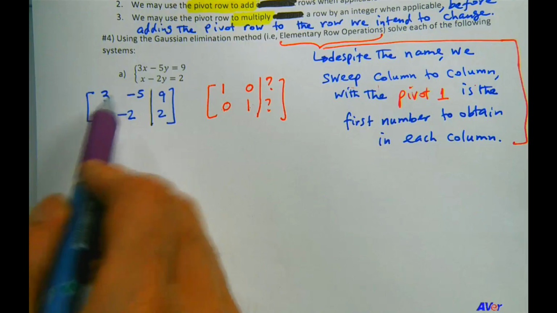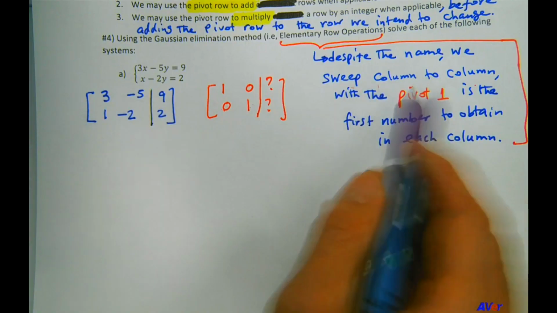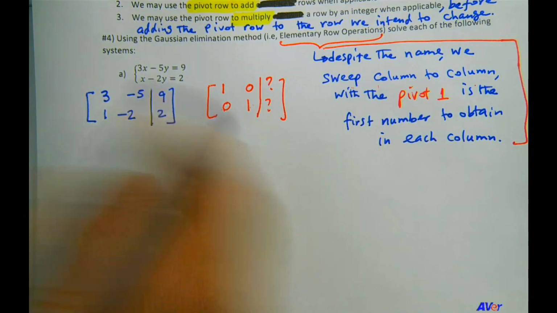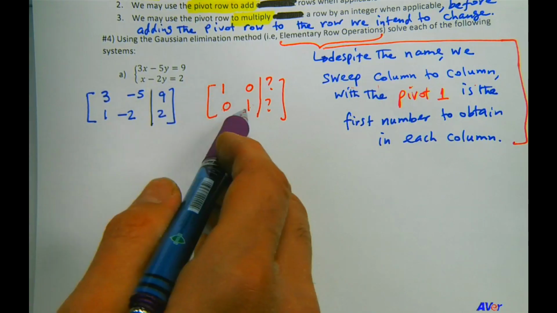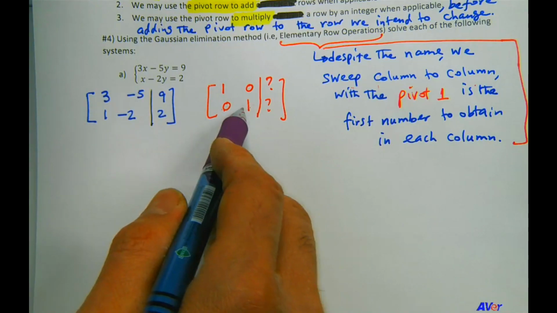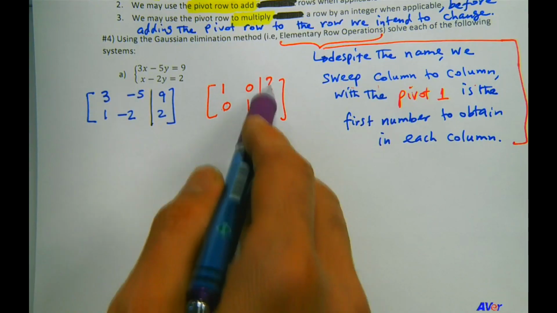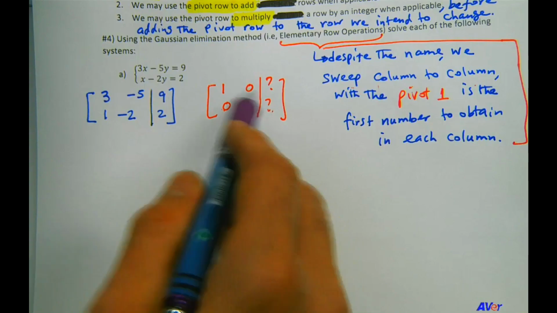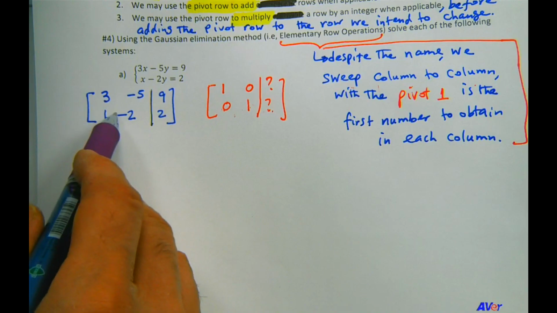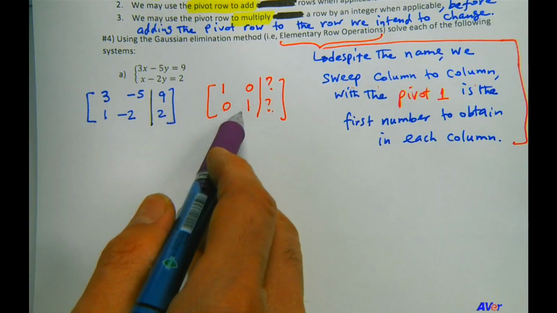right? So what do I mean when I say sweep column to column? So this is the augmented matrix. This is our destination. This is the starting point. This is the destination. We want this matrix to look like that. We do not care what numbers are on that side until the very end, but the left side should look like that, not like this, like that, because we're trying to solve this system.